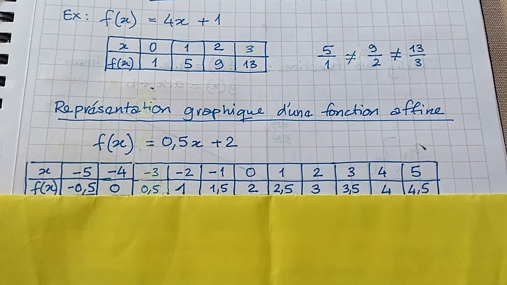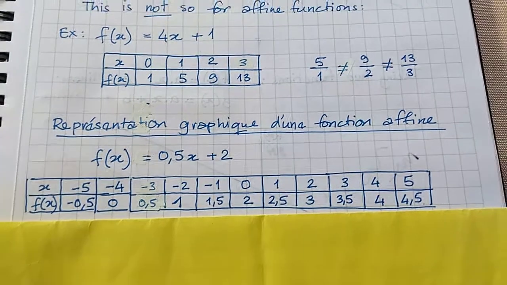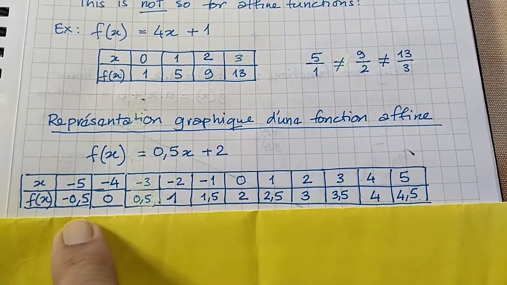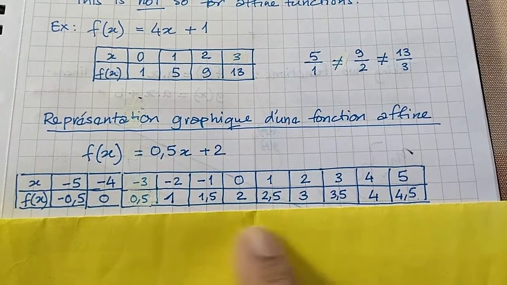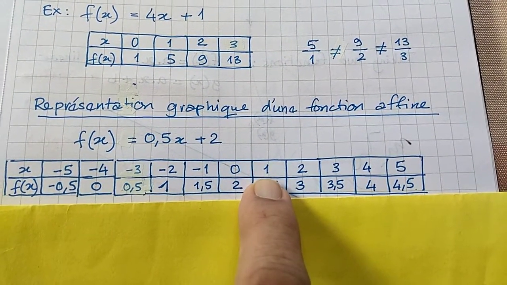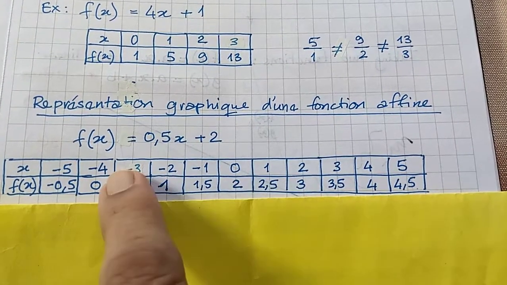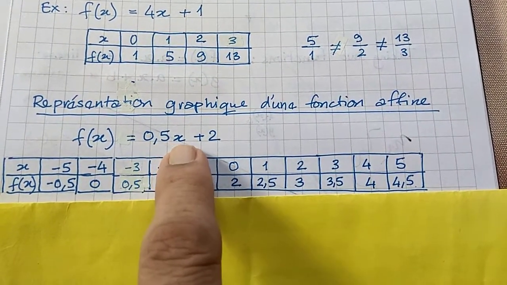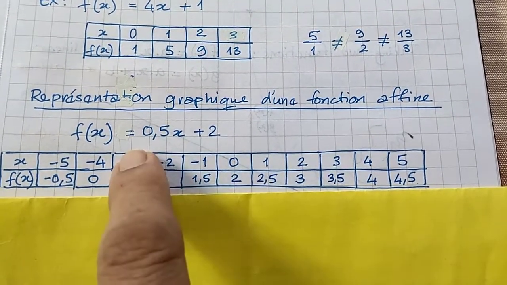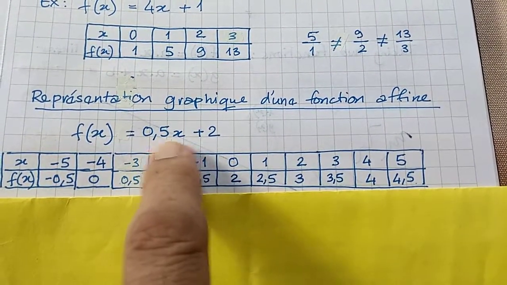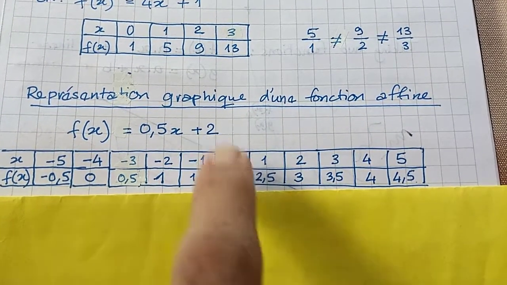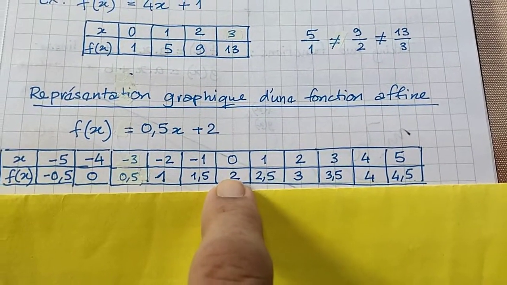So we can draw a table. I've drawn a fairly extensive table going from -5 to +5, and if you calculate f of x, these are the values you get. You can try it out. F of 1 is 0.5 into 1 plus 2, that gives 2.5. F of 0, 0 into 0.5 is 0, and plus 2, you get 2 here.